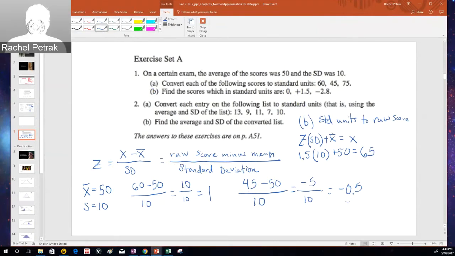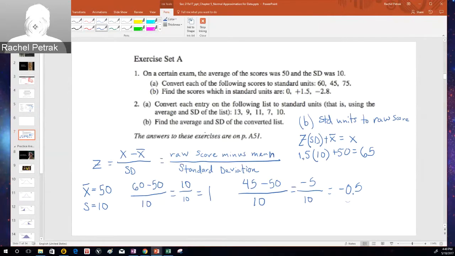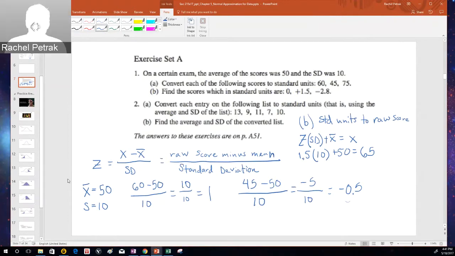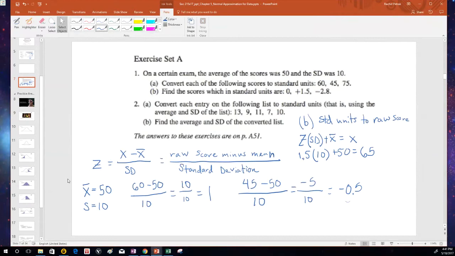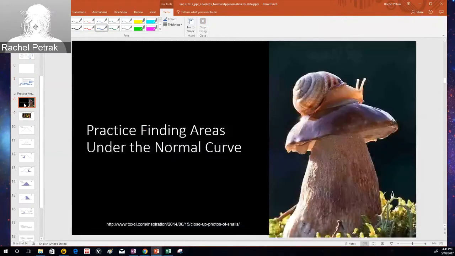We'll see how we're converting in between those scores. Does everybody feel comfortable with doing this part of the calculations? Because we're going to need to do it a lot. Okay. Thank you, Tyler. I'm going to assume if you're not responding that you are comfortable.